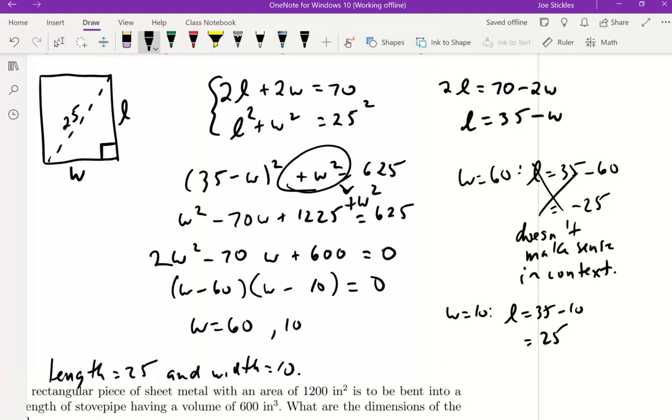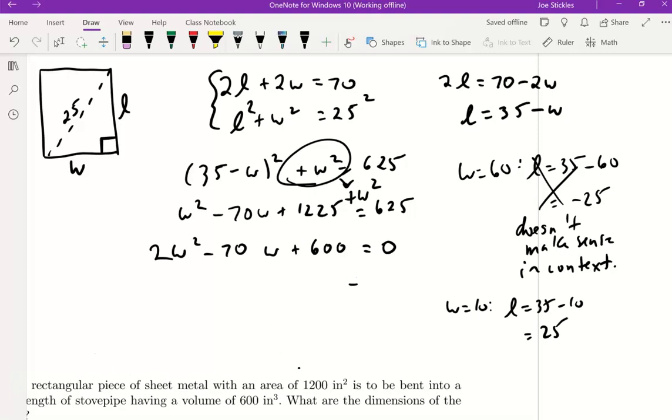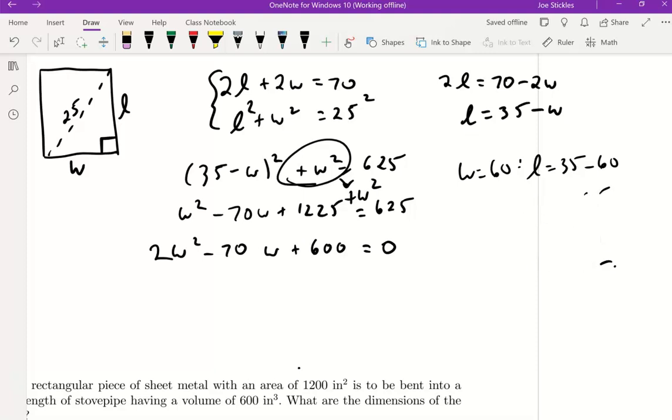Well, that was unfortunate that it actually factored nicely, because I figured the numbers were worked out nicely in there. So let's erase all of this. My apologies. Okay, all right.